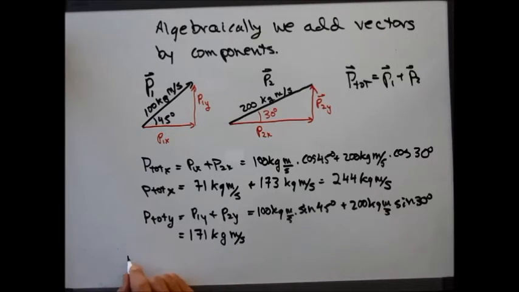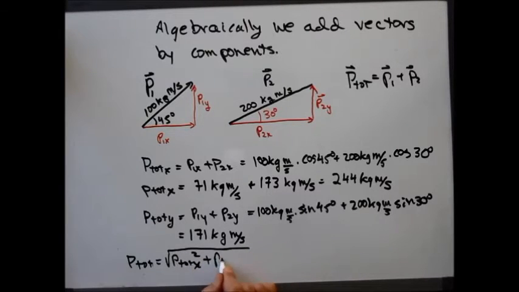And so to get P tot, I use the Pythagorean theorem, right? That's the square root of P tot x squared plus P tot y squared. And for that I get 298 kilogram meters per second, right?